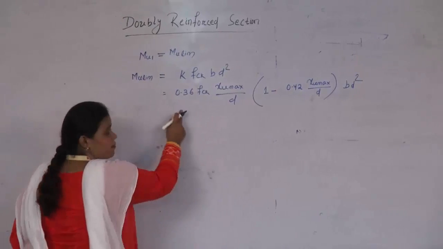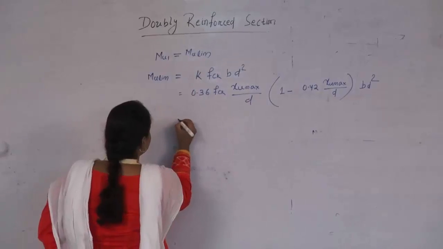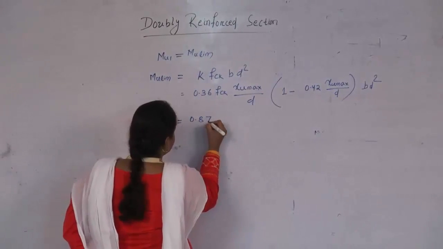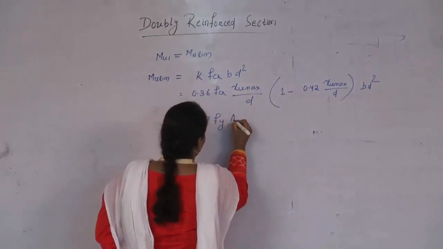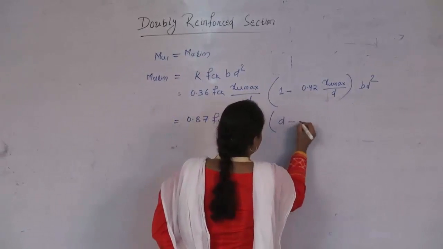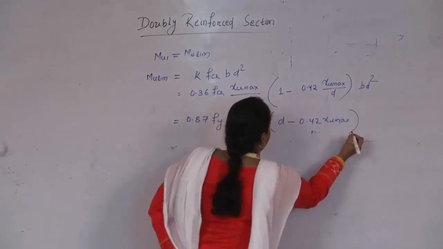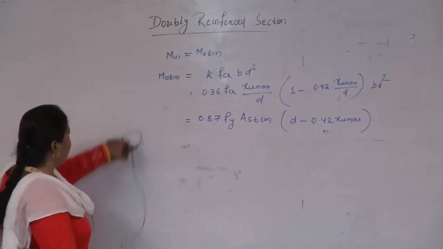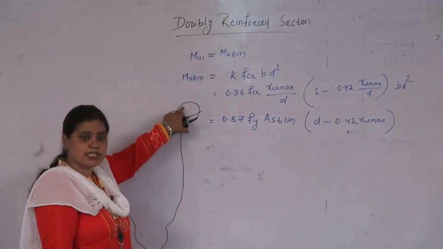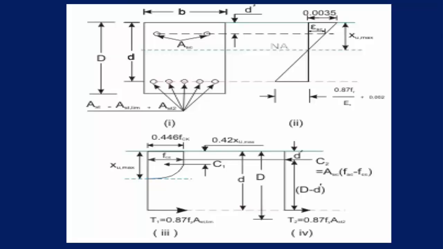This is for the concrete failure. For the tension failure, it is 0.87 fy into Ast limit into d minus 0.42 Xu max. So to calculate Mu, we have to use this formula. This is step 1.